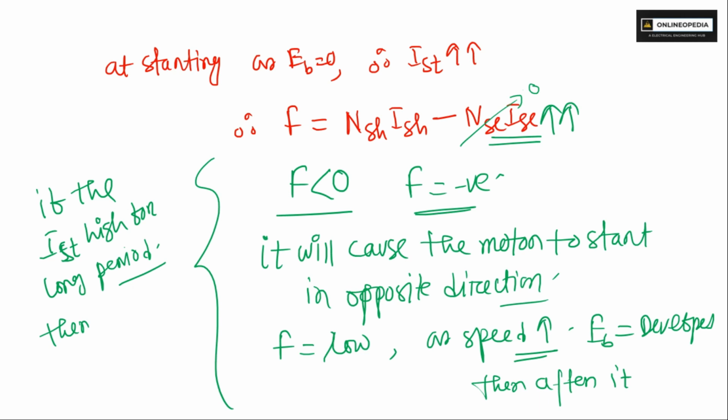When it gains speed, we switch on the series field winding, and it will act as a differential compound machine. So this is the reason that we start a differential compound generator or motor as a shunt generator or motor at starting.